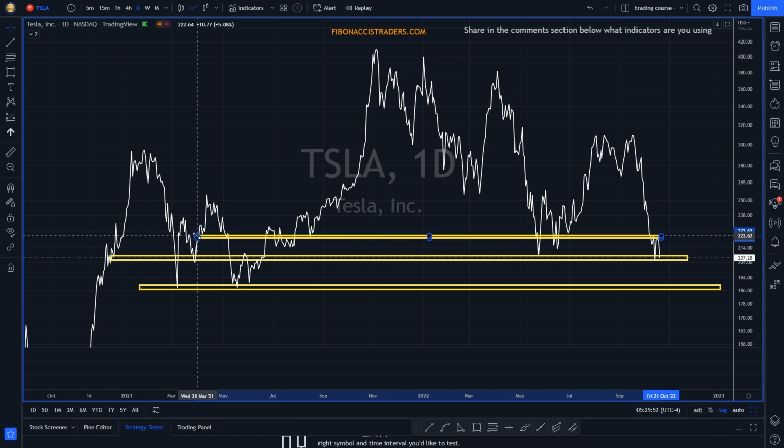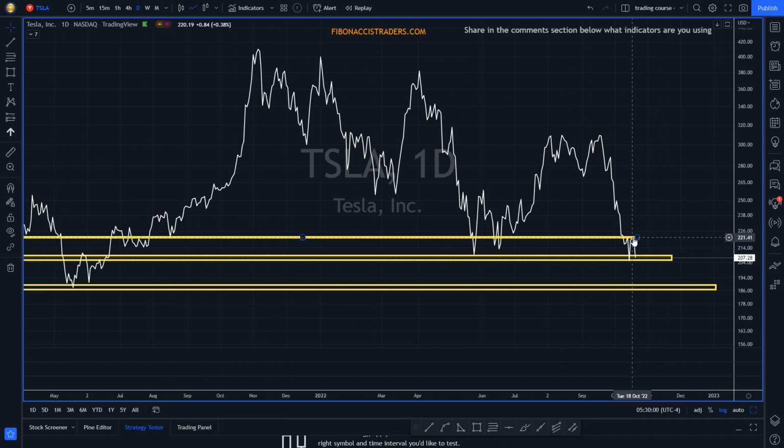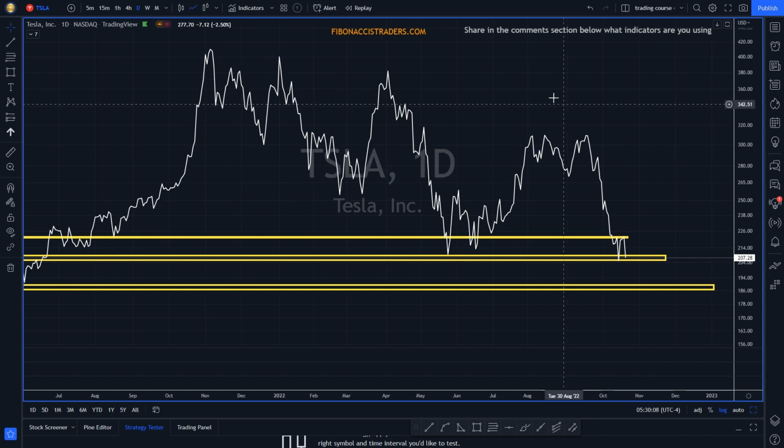And if I go further back, I can see that this one, I can go long above it. Simply as that. No indicators needed.